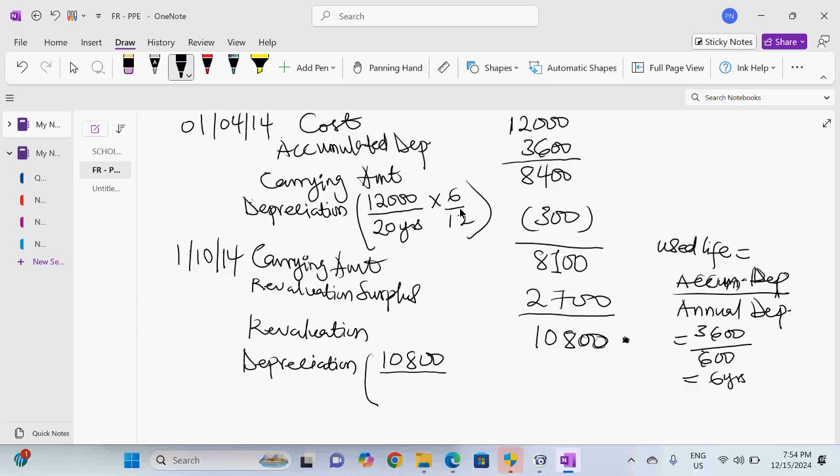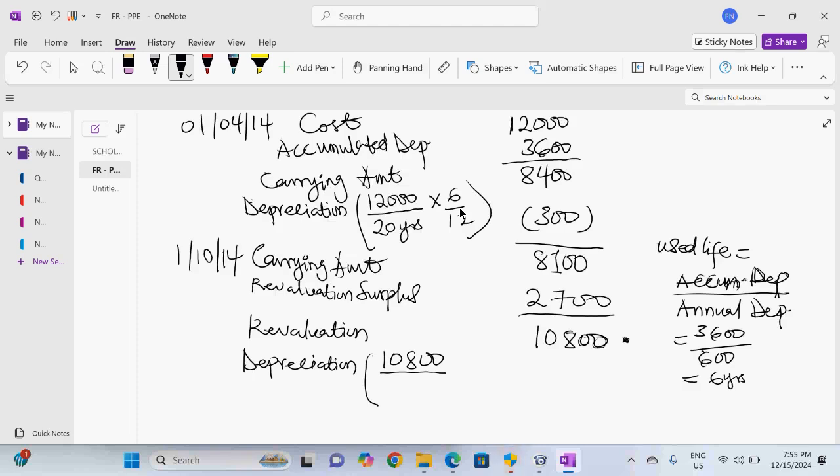Do you get it? We ended at 1st October 2014. Now from October, because we were preparing the accounts at 31st March 2015, October, November, December, January, February, March, there is an additional 6 months.